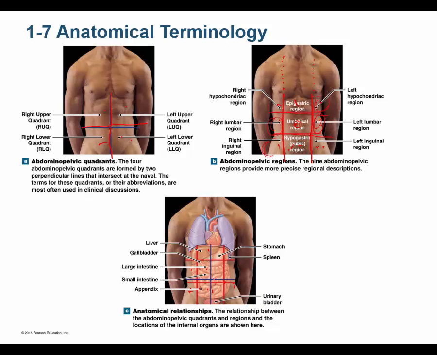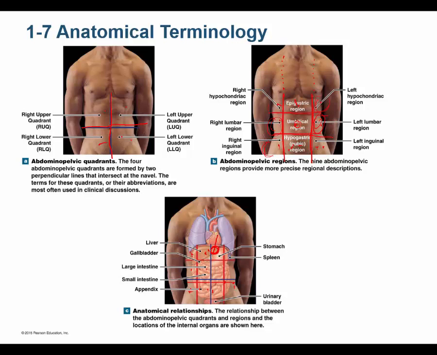Now, in lab, not only do you have to know the regions and the quadrants, but you're going to need to know representative organs for each region or quadrant. It's easy because look at the liver. The liver could be the right hypochondriac, or the liver could be the epigastric. The liver is also the right upper quadrant, but doesn't it go into the left upper quadrant a little bit? You bet. See?